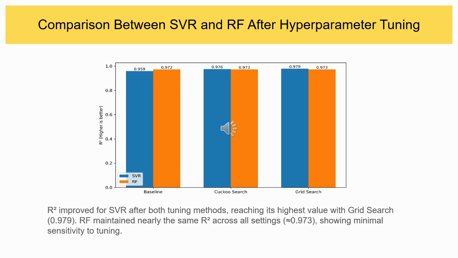With grid search, SVR is 0.979, for RF is 0.973. Here we can see R squared for baseline SVR is less than RF, but with tuning we can see SVR enhanced to be better than RF.